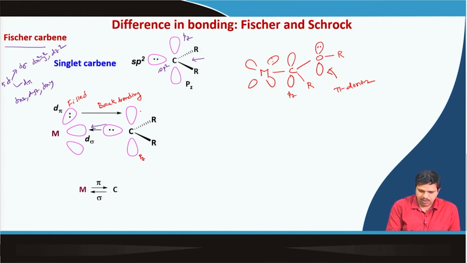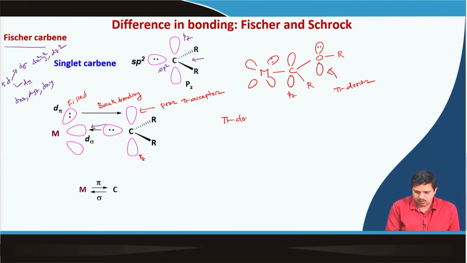You have to consider that this is a poor pi acceptor, and that's why the back bonding is quite less.